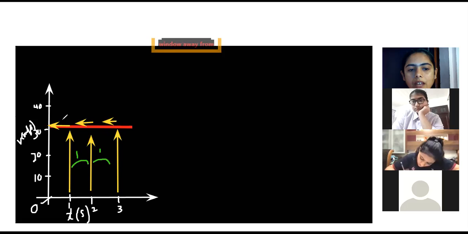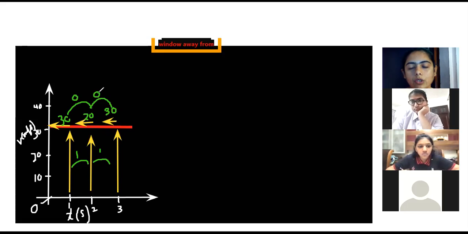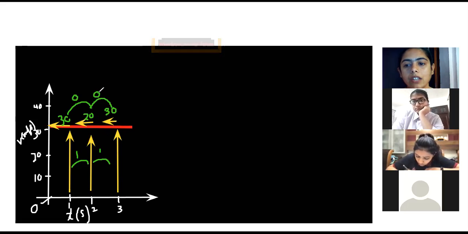Going on with velocity. When the time is 1, velocity is 30. When the time is 2, velocity is 30. So, कितना variation हुआ? 0. When the time is 3, velocity is 30. So 2 से 3 तक कितना variation हुआ? 0. There is equality. 0, 0, 0. There is no variation going on.